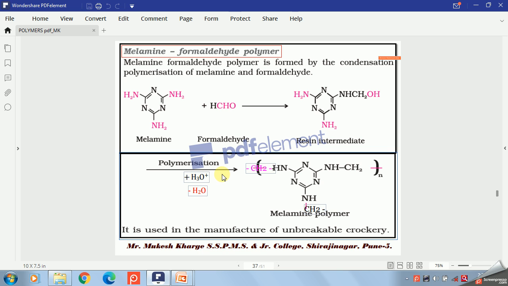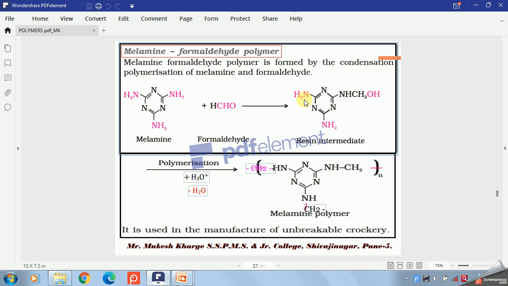It undergoes polymerization. Again, if you consider this molecule, the OH group from one molecule reacts with hydrogen from another side of the second molecule, and there is a removal of water.